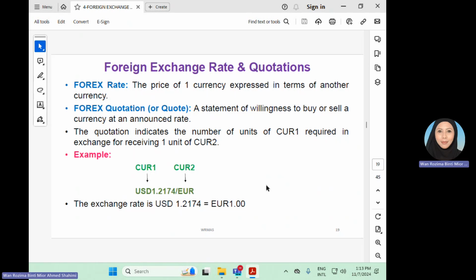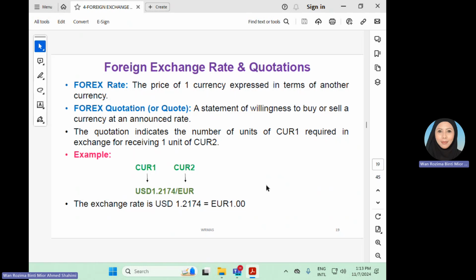The formula we just modify based on which perspective you're looking for, numerator or denominator. In this case, the exchange rate is USD 1.2174 per euro.